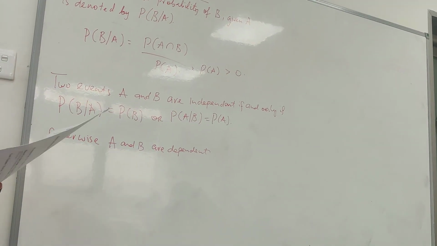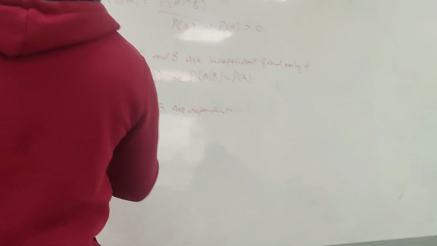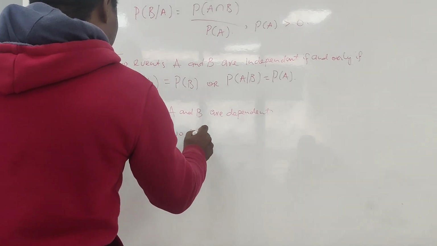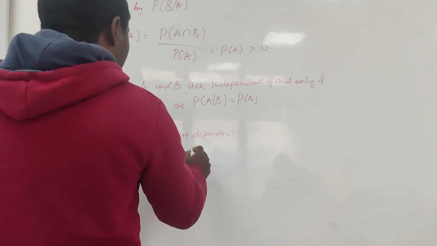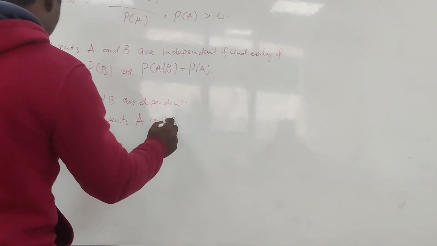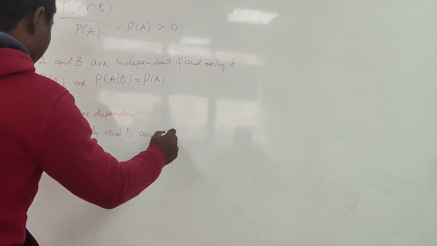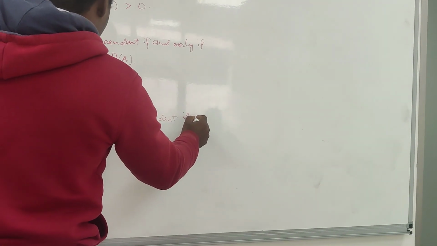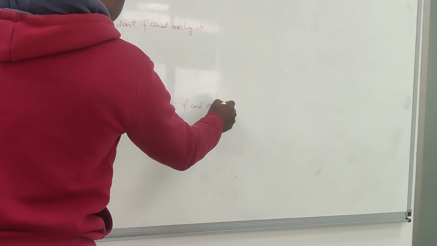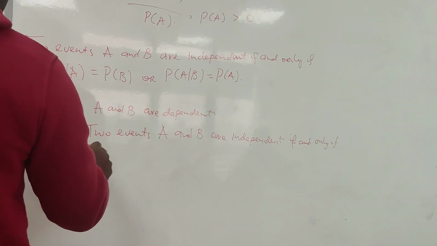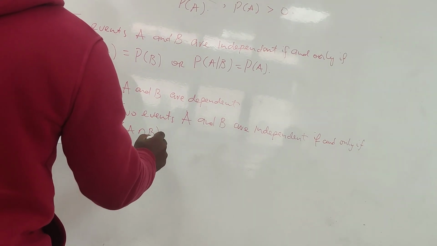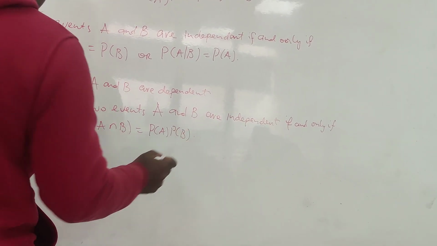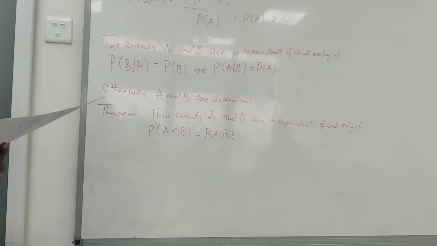So, theorem. Two events A and B are independent if and only if probability of A intersection B is equal to probability of A multiplied by probability of B. Now this is a theorem to clarify what we've been talking about.